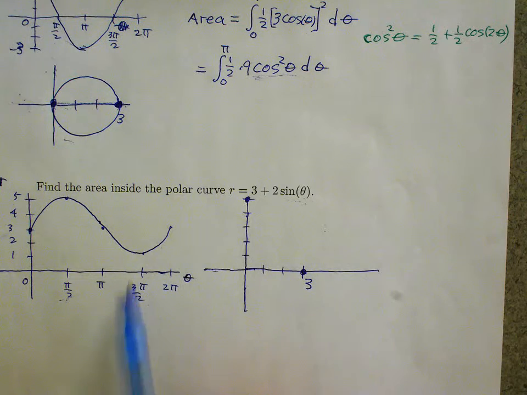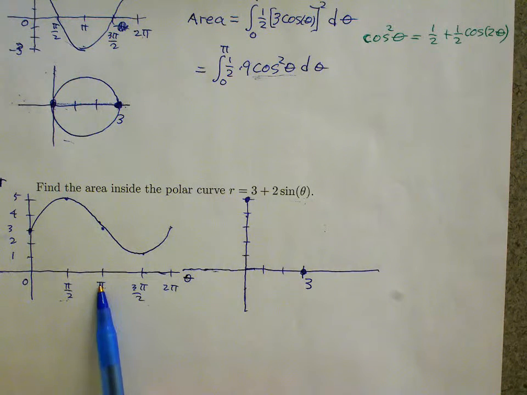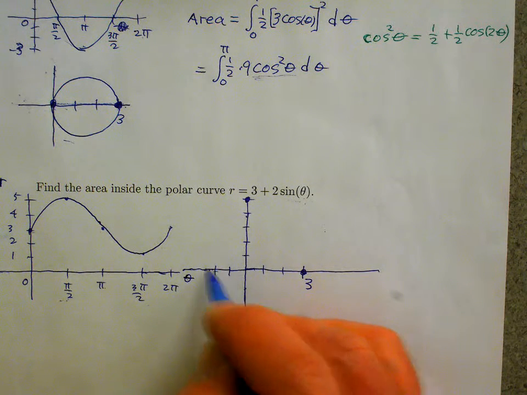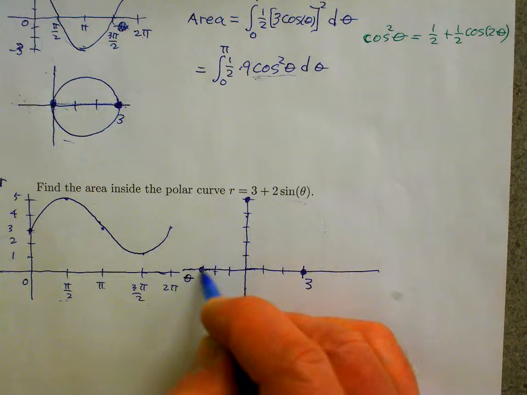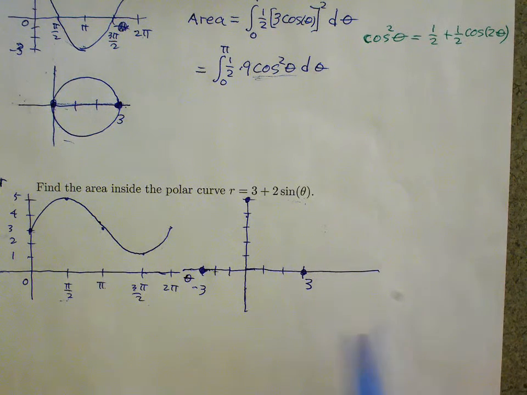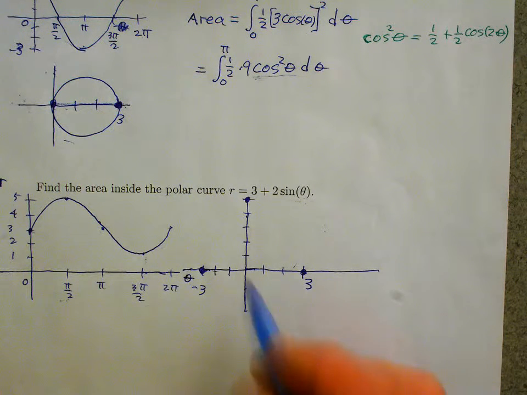And when theta equals pi, the r value is 3. So we're over here at negative 3, I should say. And then at 3 pi over 2, the r value is 1. So we're just down to that point.